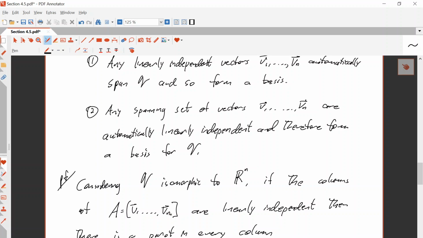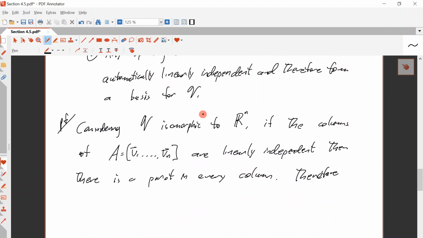But there's n columns, and we're talking about Rn. Therefore, there's a pivot in every row. So the column space of A is Rn. It spans. So v1 to vn is a basis.